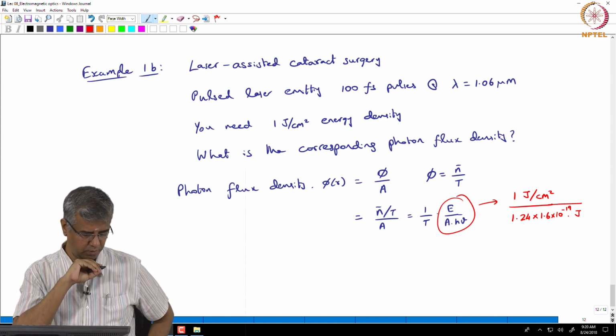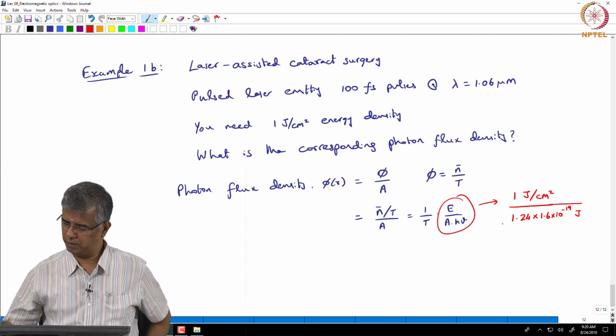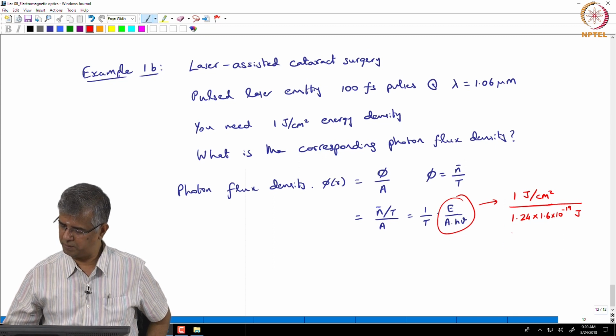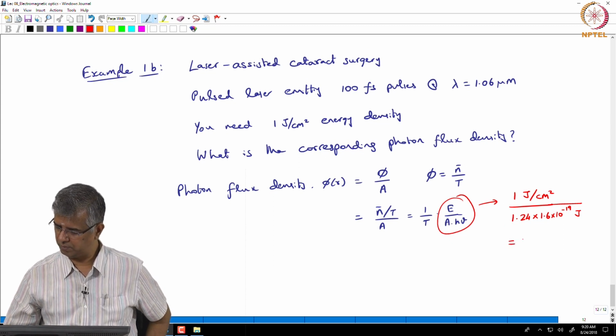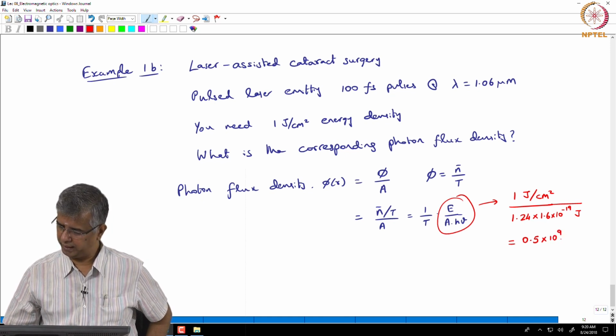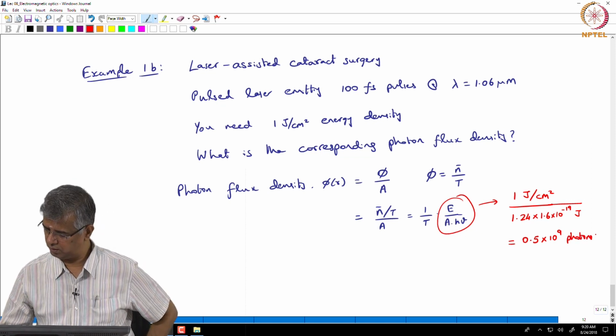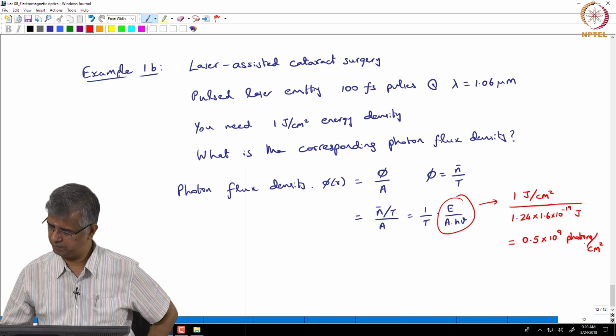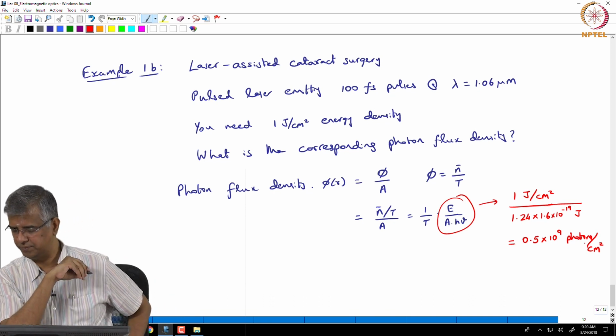So if you do the math, you will probably get something in the order of 0.5 into 10 power 19, and this will be in terms of photons per centimeter square, right.